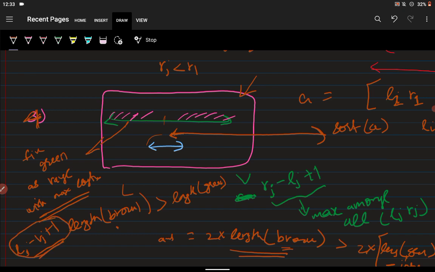Whichever index has this value as maximum, we can fix that as the green. We iterate over all I as blue and calculate the maximum as the answer. That's it.